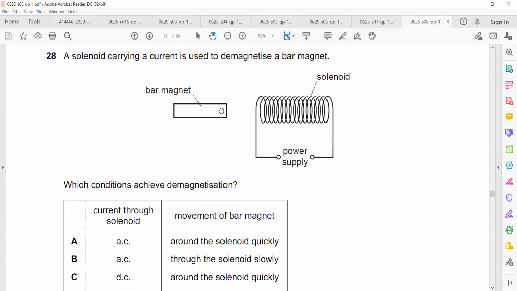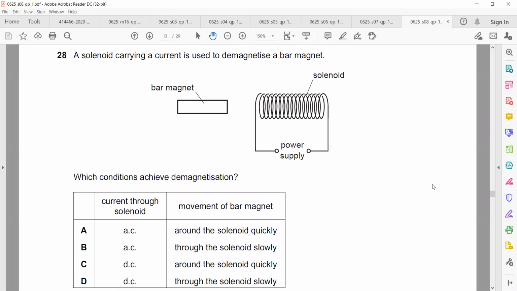A solenoid carrying a current is used to demagnetize a bar magnet. This is a method of demagnetization.